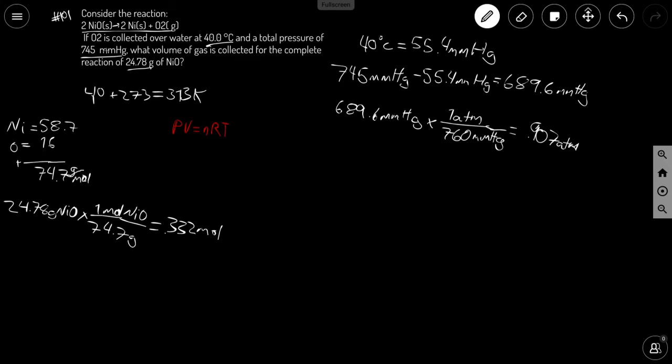Oh, but we're asked to find the volume if oxygen gas is collected over water at 40 degrees Celsius, so that means that we need to convert this amount of NiO to oxygen gas using the chemical equation.